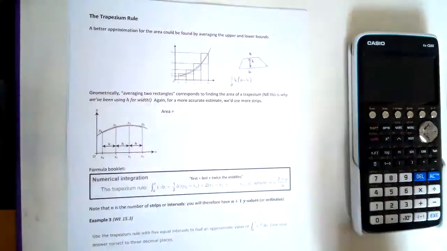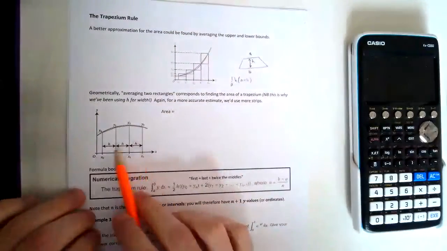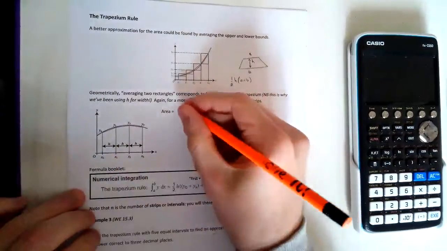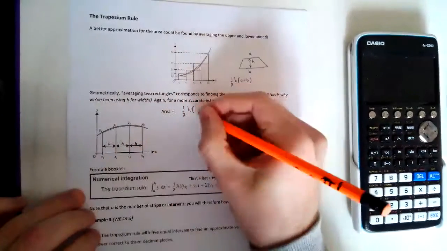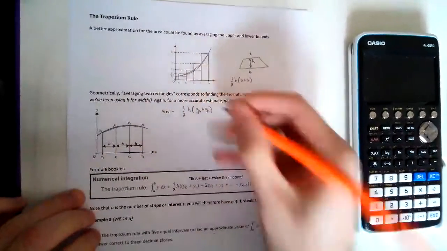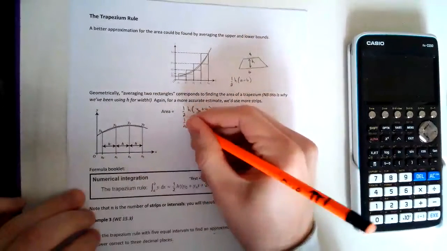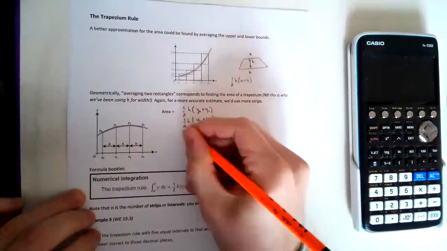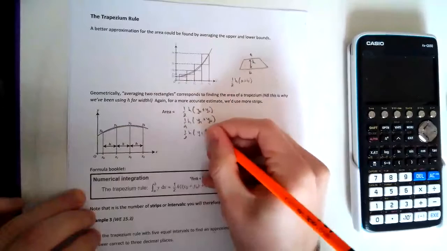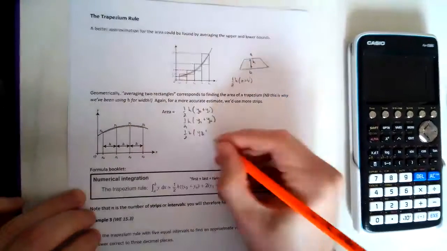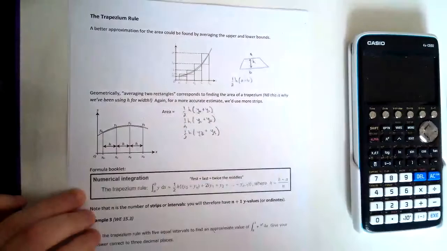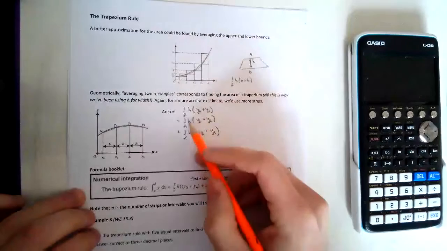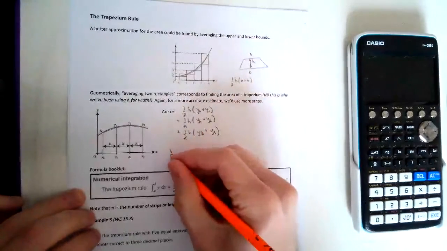Now, if we look at just three strips first of all, this first area here would be a half h, y0 plus y1. The second area would be a half h, y1 plus y2. And this third one would be a half h, y2 plus y3. Then if we added them all together, I can factorize out the half h.